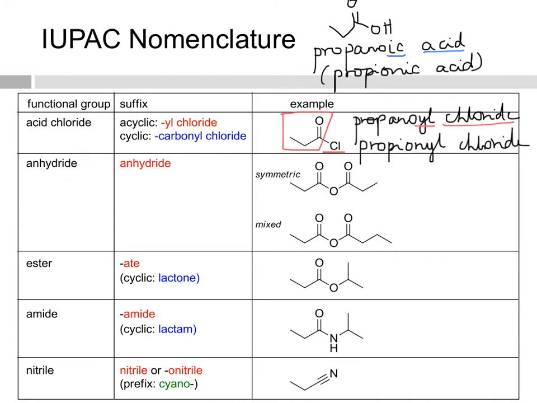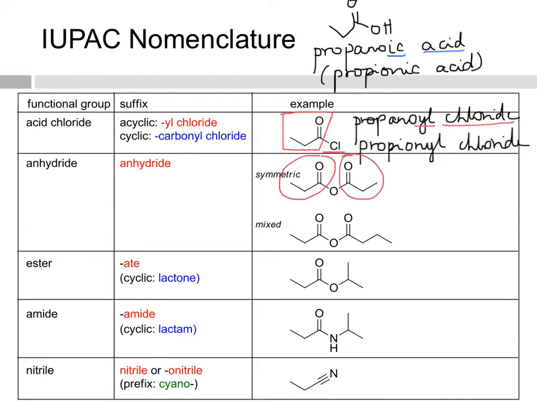For anhydrides, all we do is remove the acid and replace it with anhydride. There are two types of anhydride. A symmetric anhydride has two of the same R groups on either side of the anhydride functional group. A mixed anhydride has two different R groups on either side. If we look at this symmetric anhydride, we count the number of carbons, and we know that it comes from propanoic acid, and it's the same on the other side.